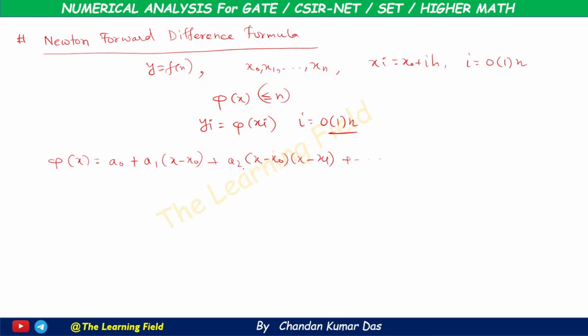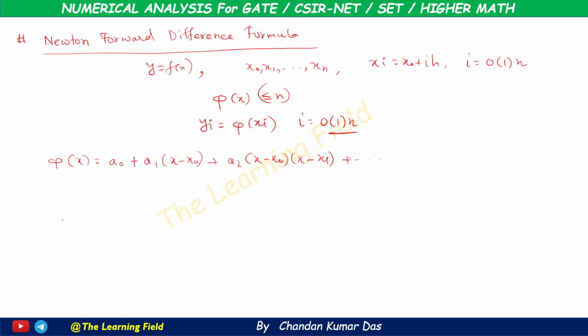Now our work is to calculate these coefficients a0, a1, a2 up to an. After calculation, I just skip this and write the formula here.